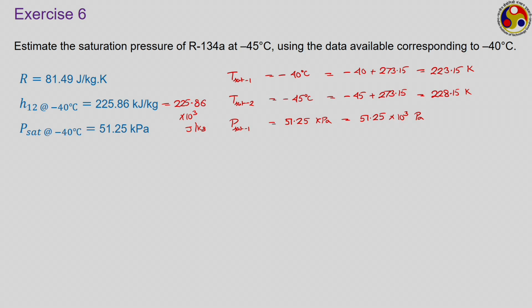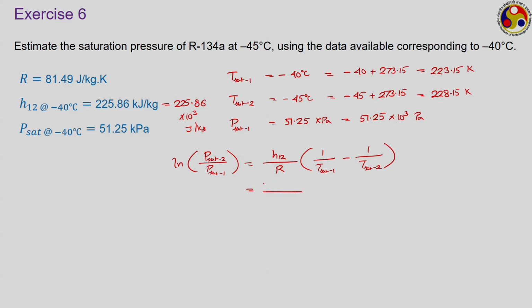So, now we have to make use of the Clausius Clapeyron equation, and therefore, as the one we have just developed, P_sat2 by P_sat1 is equal to exp of h_fg by R into (1 by T_sat1 minus 1 by T_sat2).